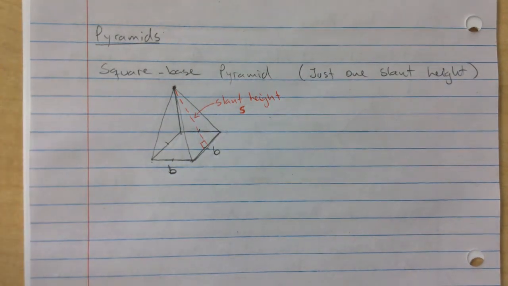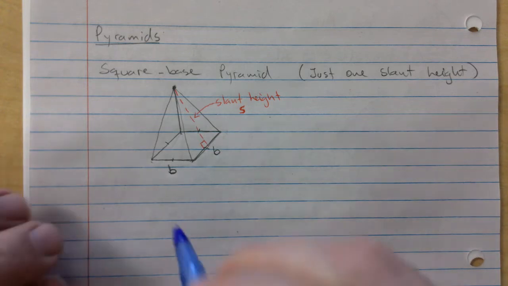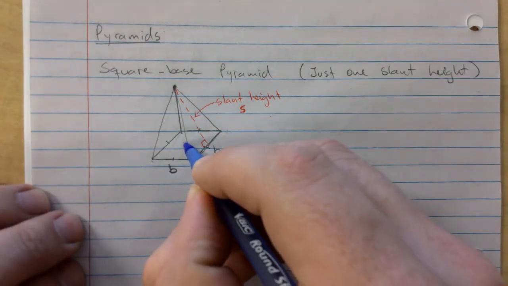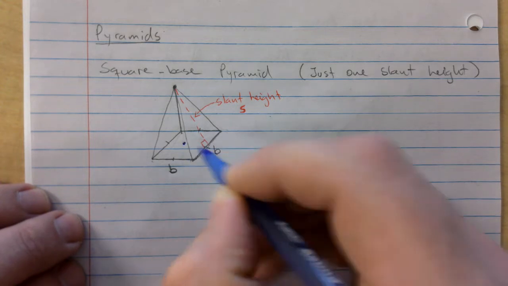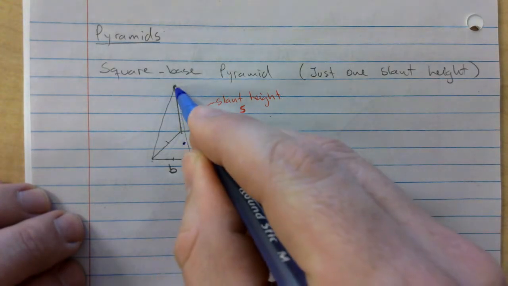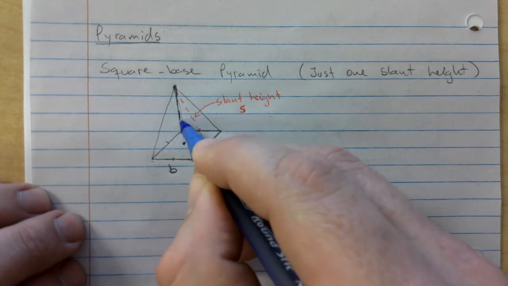And then I'll use a blue one to determine the actual height of this thing. The actual height is measured from the center of the base, right, to the top.